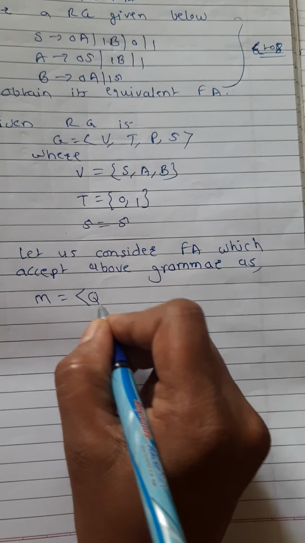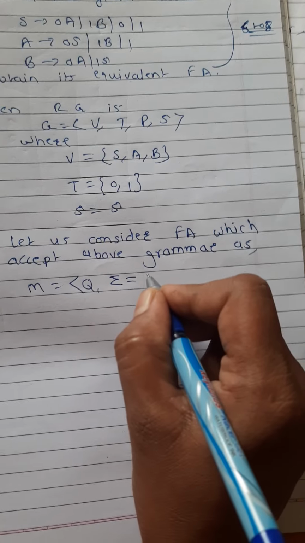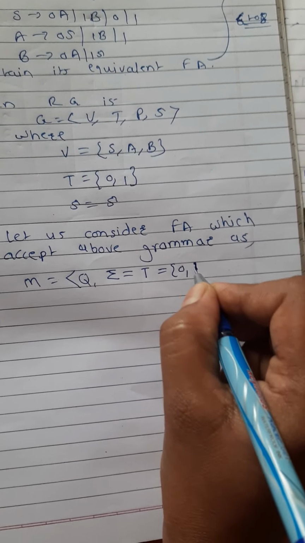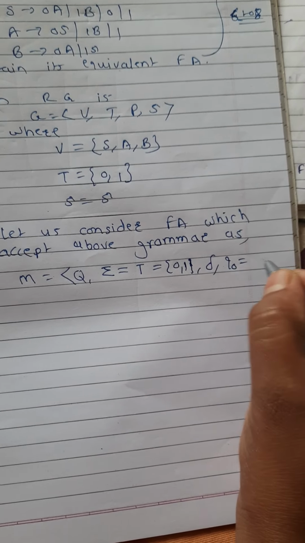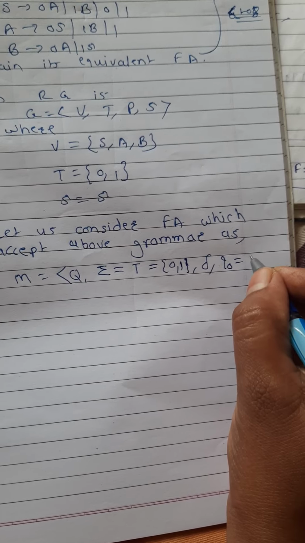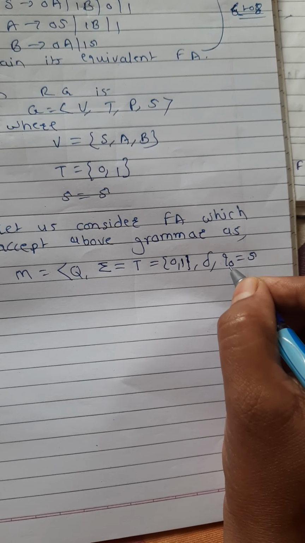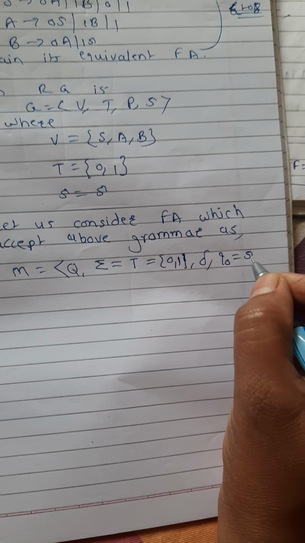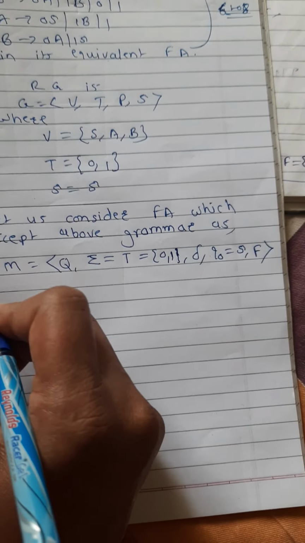Here sigma, in case of this conversion, must be equal to T, that is 0, 1. Then Q0 is nothing but the state associated with the starting symbol. The starting symbol is S, so Q0, the initial state of the finite automata, will be the state associated with S. Then F.